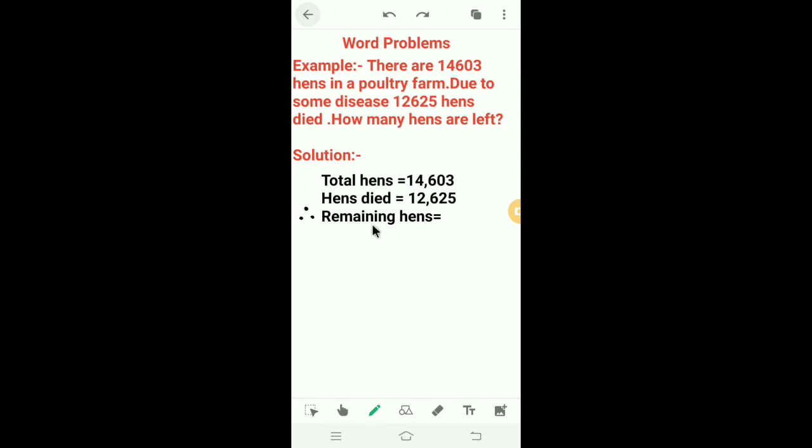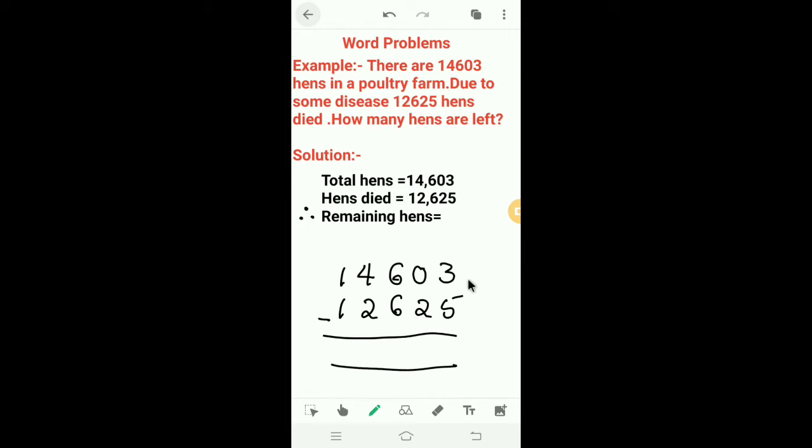We have to subtract 12,625 from 14,603. So first I will write 14,603, next 12,625. 14,603 minus 12,625. Now we will start subtraction from the ones place.